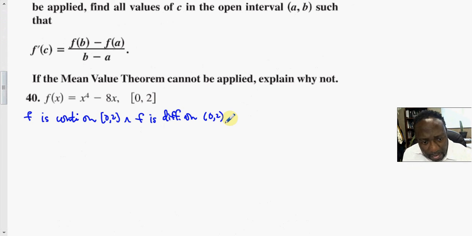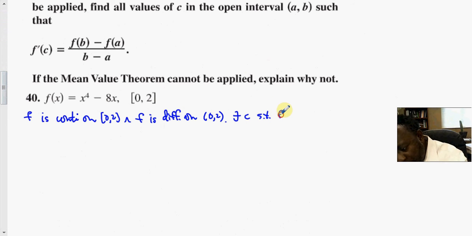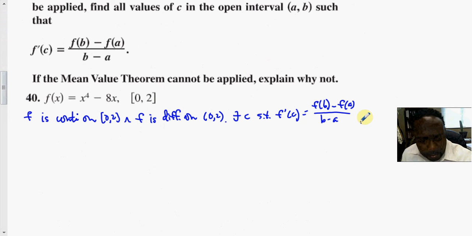So if that is the case, then the theorem says that there ought to exist a C such that f prime of C is equal to f of b minus f of a all over b minus a.